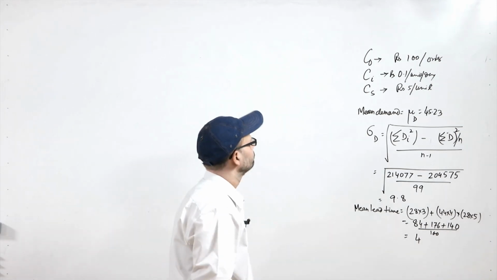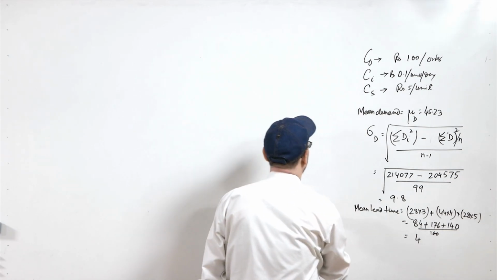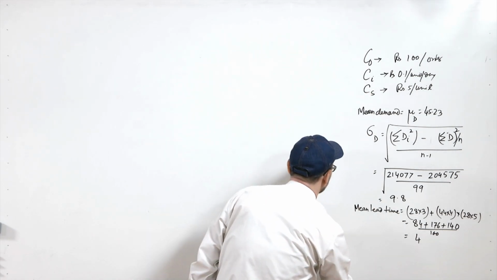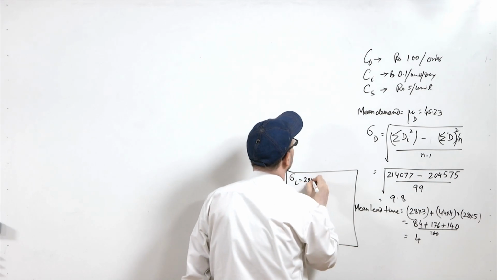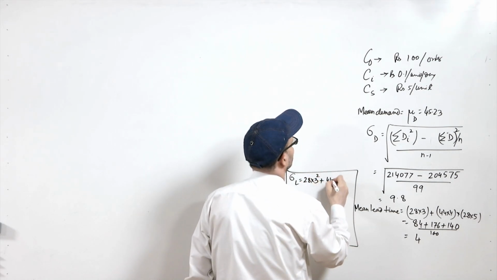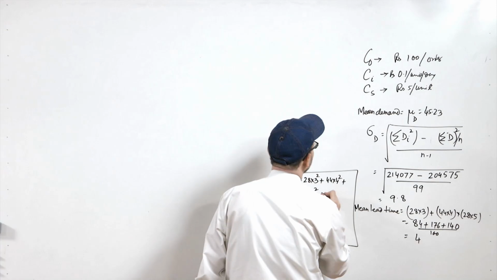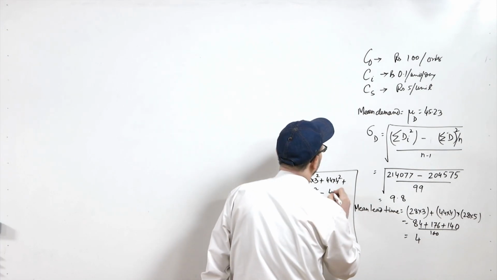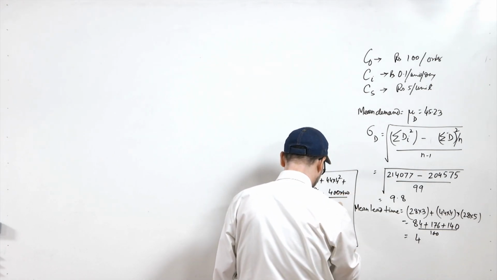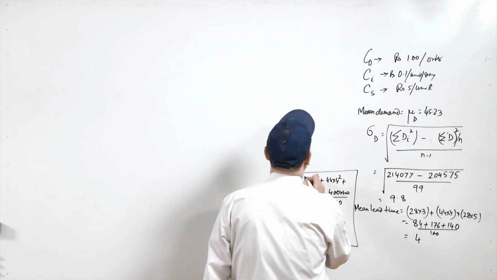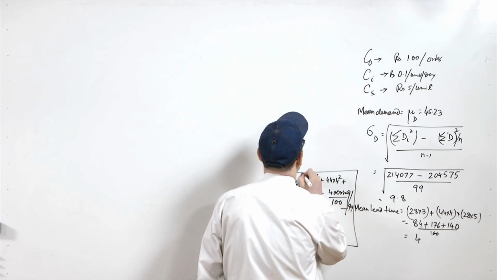The mean value was 400, so 400 square divided by 100, and then this value will be divided by 99 and its under root taken.